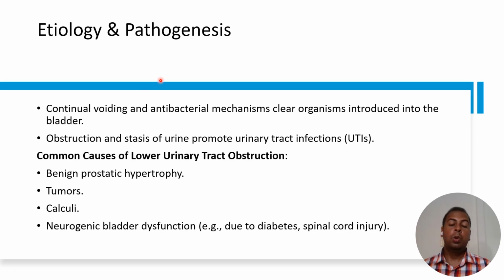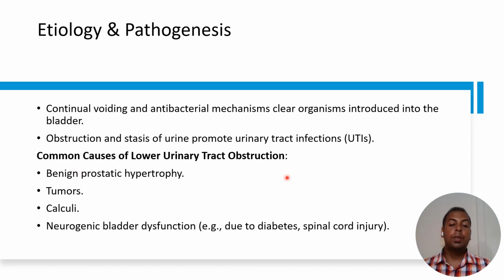All right, the lower urinary tract is typically sterile. The ureter and the bladder are typically more sterile than the urethra, and continual voiding and antibacterial mechanisms would usually clear organisms introduced into the bladder. If for some reason there's obstruction and stasis of urine, that would promote the proliferation of bacteria and cause UTIs.